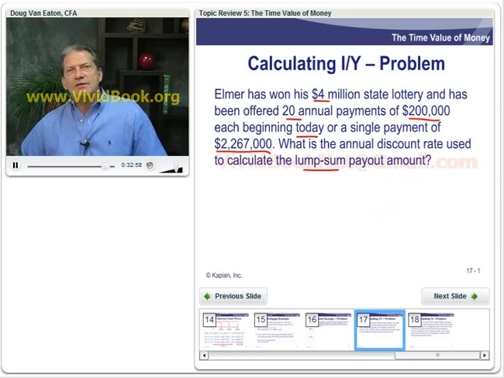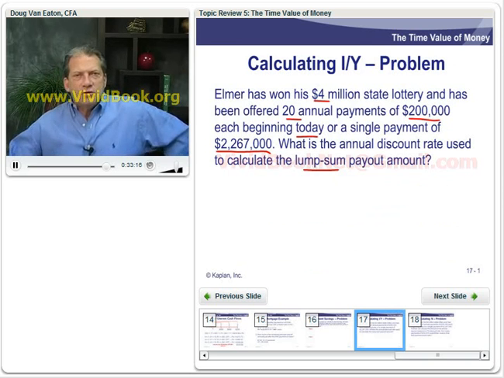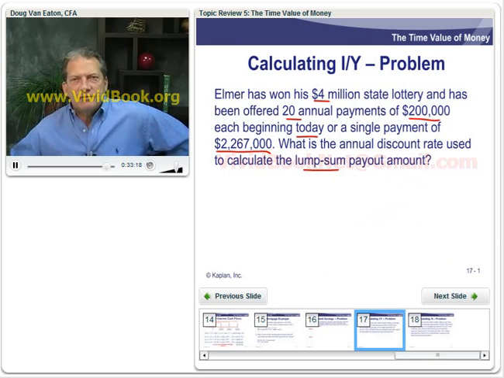Well, what are we given here? We've got the payments. We've got a present value. Our future value is going to be 0. We need to calculate what discount rate would make the present value of 20 payments of $200,000 equal to $2,267,000.